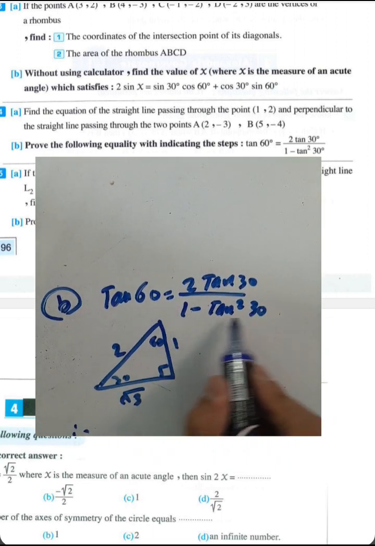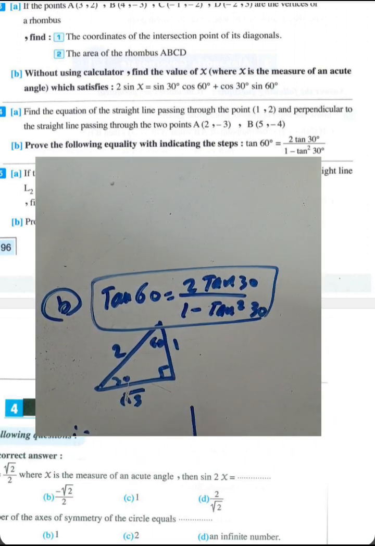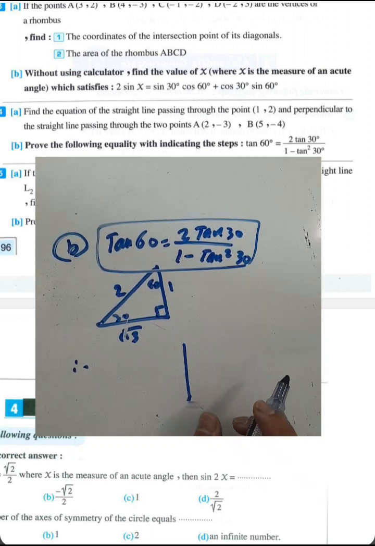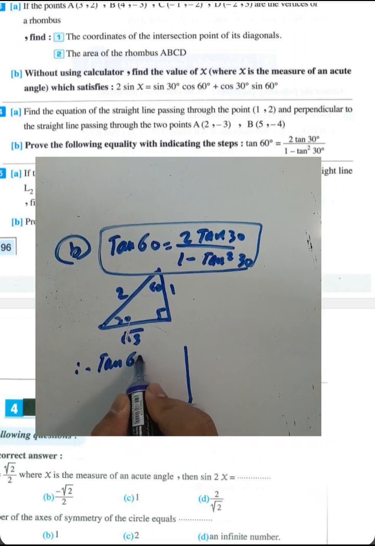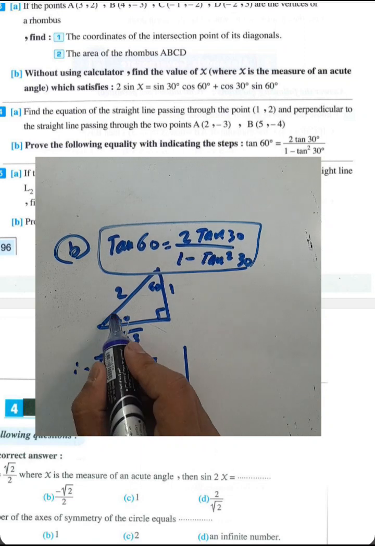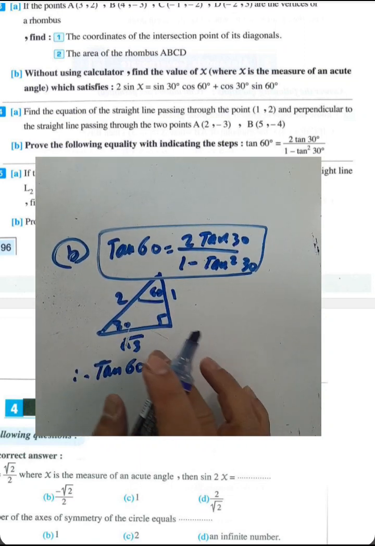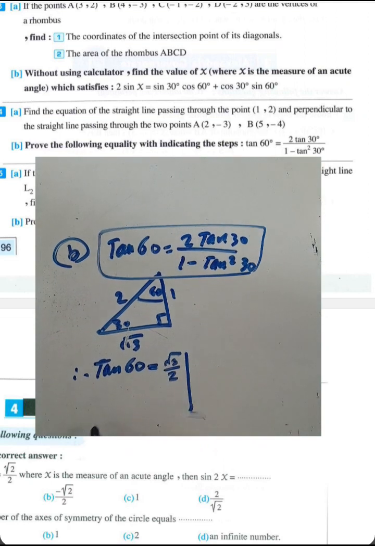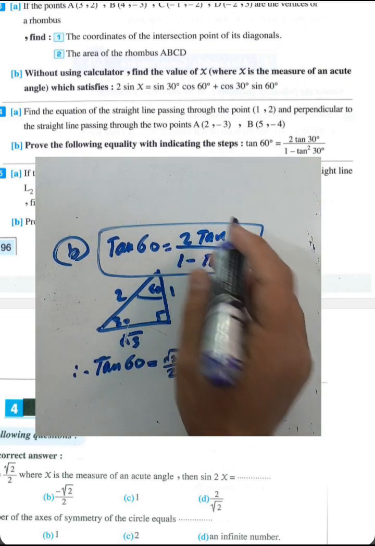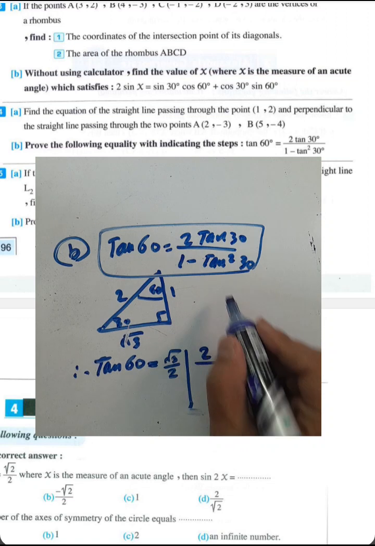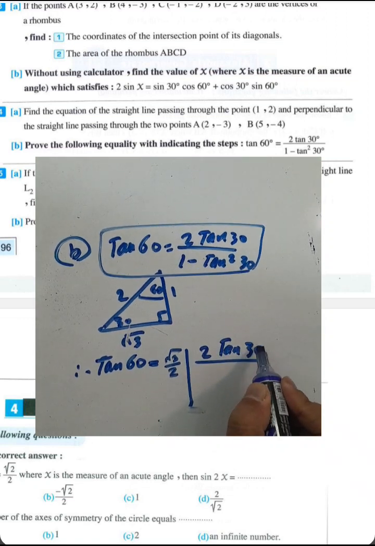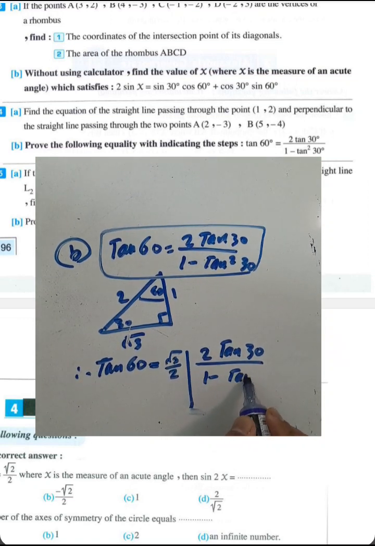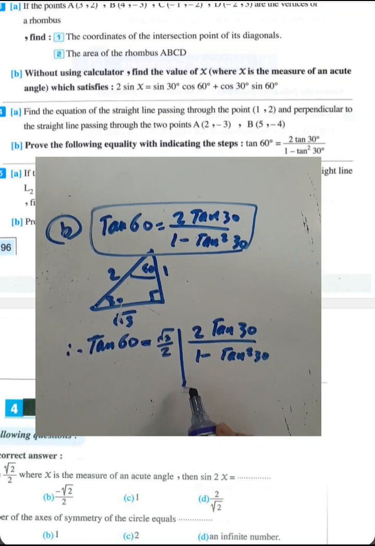Then we can write left hand side and right hand side. Left hand side here, tan 60, this angle 60, tan will be opposite over adjacent, root 3 over 1. Right hand side, 2 multiplication by tan 30 over 1 subtract tan squared 30.